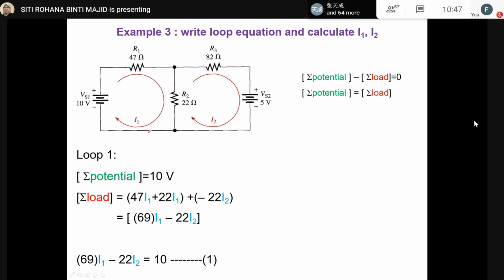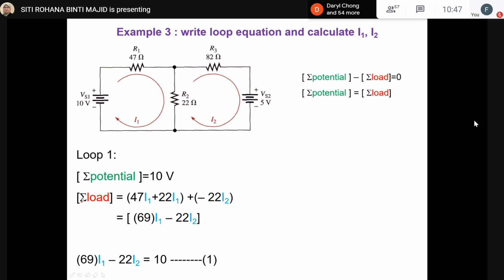So for this circuit, we look at the first loop, which is loop 1 here. We identify the total potential, because in this loop there is only one power source, which is 10 volt. Then we go to the total load. Here we have R1 and R2, but resistor 2 is influenced by I1 and I2. Never mind.